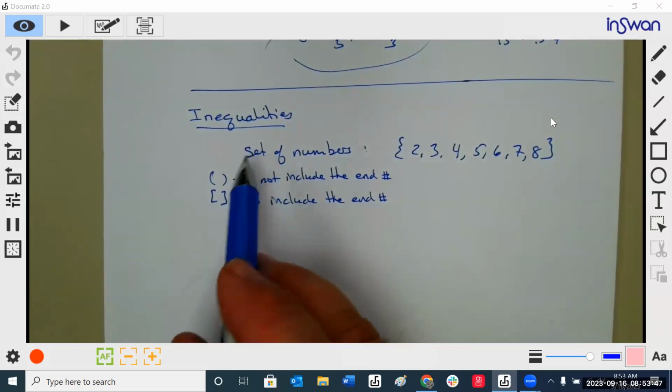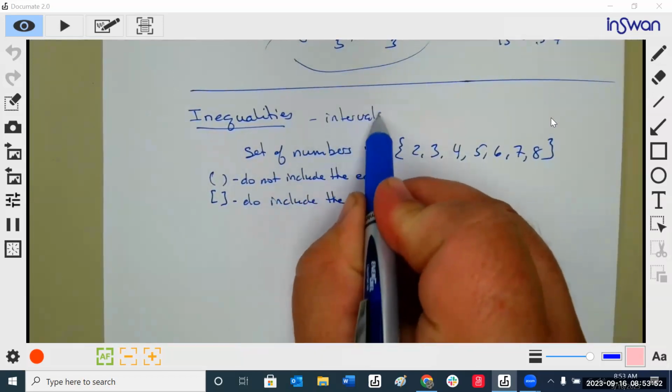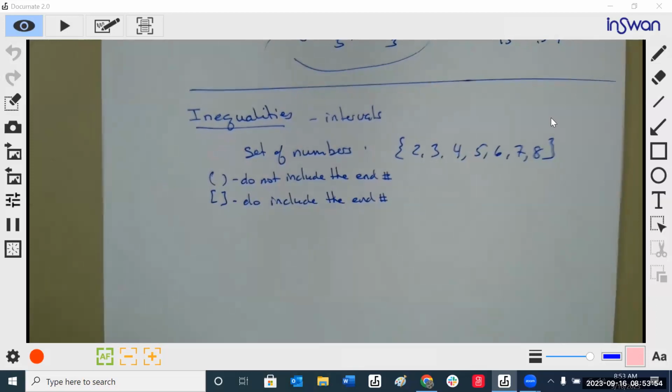Because we're talking about inequalities, we're talking about intervals. An interval is a series of numbers.